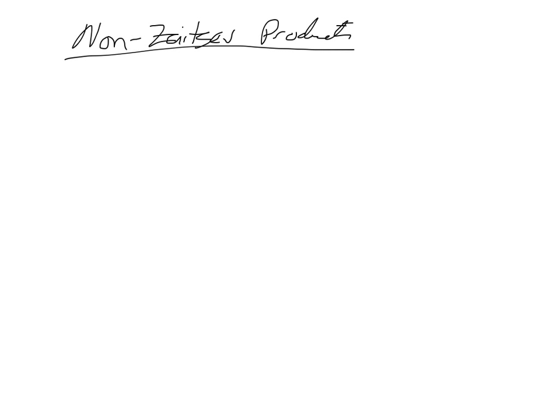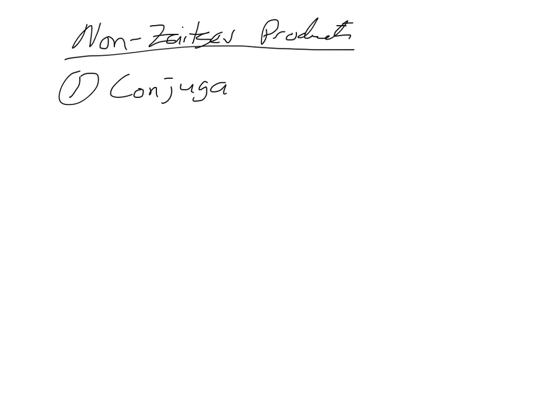So the non-Zaitsev rules. There's 3 ways to get non-Zaitsev products of the less substituted alkene. The first one is the easiest one to remember, hopefully. It's conjugation.